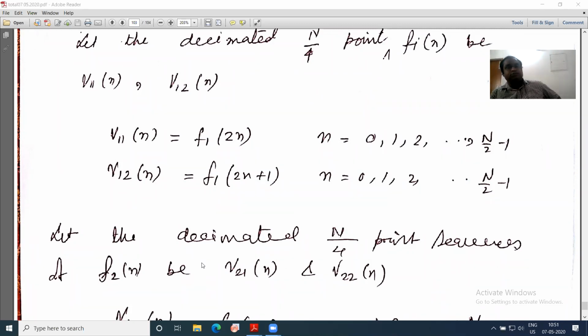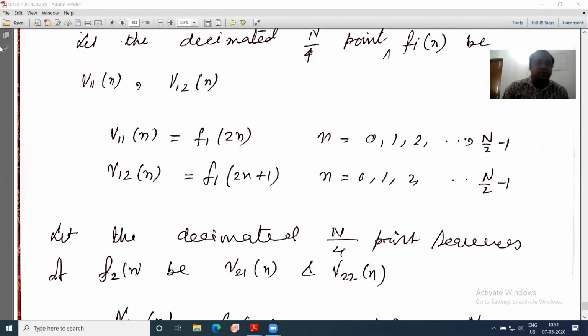Using that equation we derived a relation of the n point DFT to the n by 2 point DFT. Now I am trying to relate the n by 2 point DFT to the n by 4 point DFT.